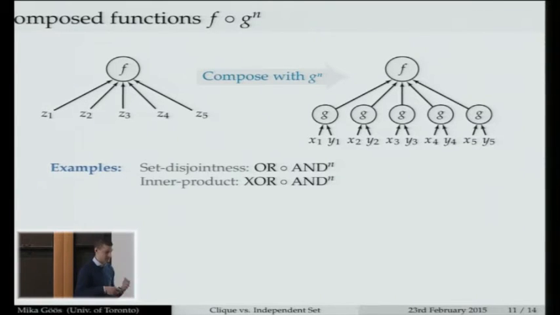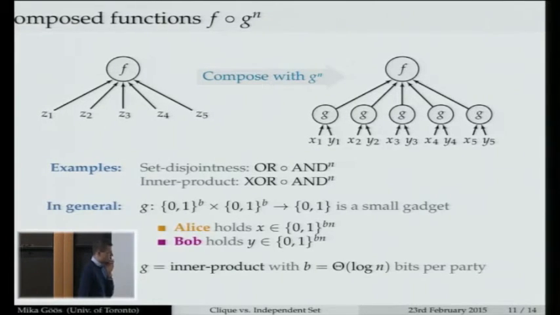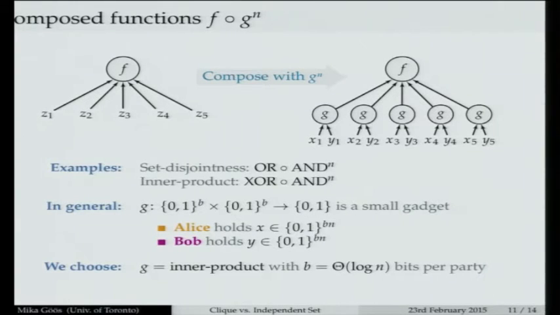The standard way is to take each of the inputs to what I call the outer function, and figuratively split the input into two parts. Give some bits to Alice, the other part to Bob. Concretely, this is achieved by some combining function g, which I call a gadget. So set disjointness is of this form. You have a big OR of a bunch of little ANDs, but more generally you can consider the gadget to be a bit more complicated, taking b bits from each player.